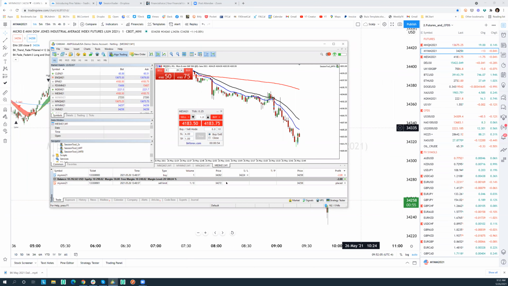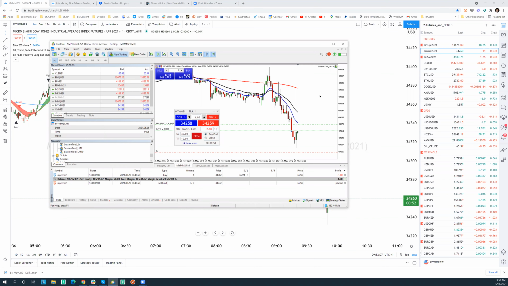So I'm violating all my rules because we got no real setups here, but still, letting this play out. Let's see if I can get the 10 points.